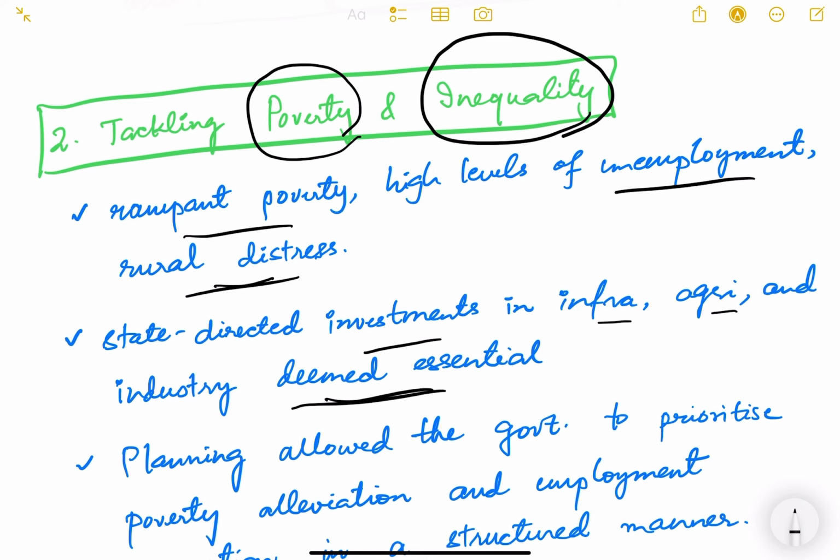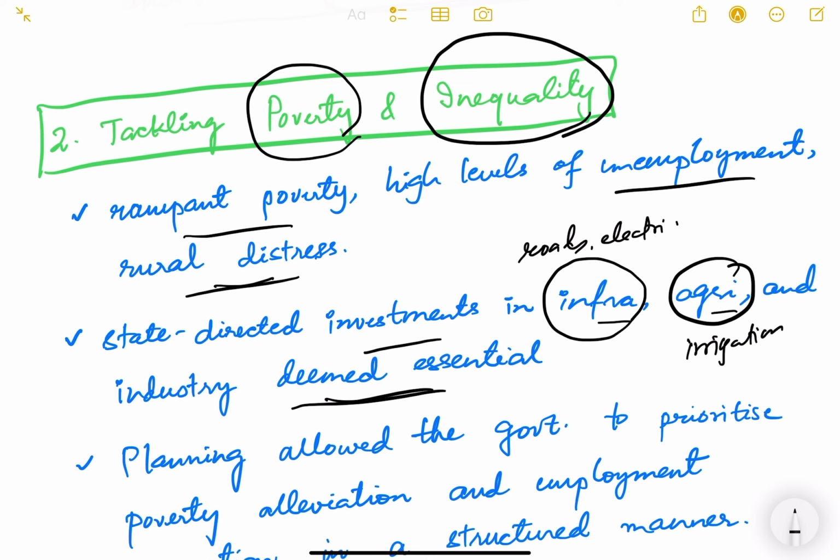So the state thought that we needed to invest in basic infrastructure such as roads and electricity, and in agriculture, meaning irrigation projects, better quality seeds, fertilizers, chemicals, etc. And also to develop industry. So it was deemed to be essential.